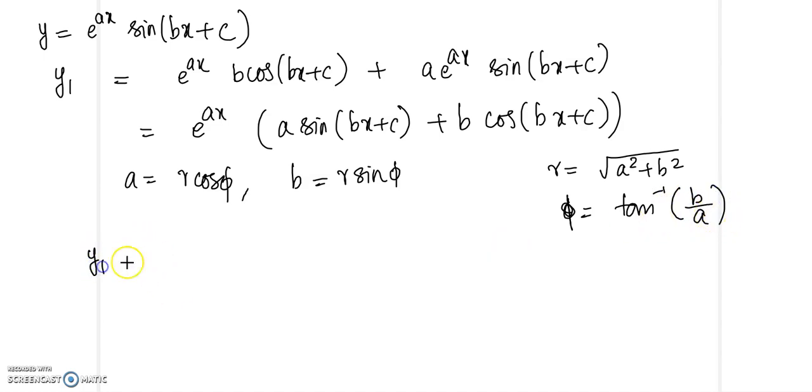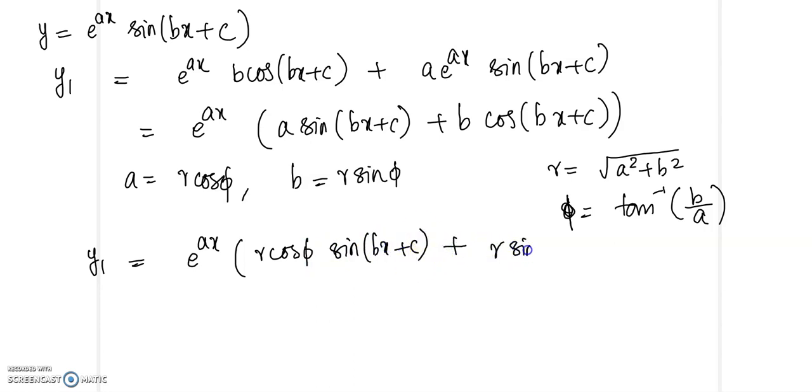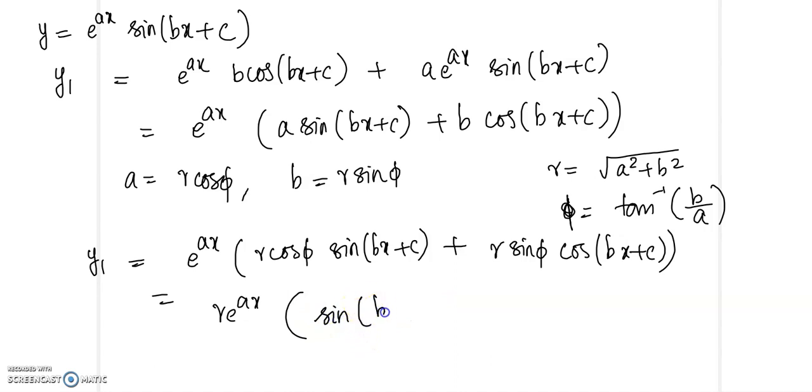So therefore y1 becomes e raised to ax into [r cos phi sin(bx plus c) plus r sin phi cos(bx plus c)]. So this will be r e raised to ax into, now this is in the form sin A cos B plus cos A sin B, so that can be put as sin(bx plus c plus phi).